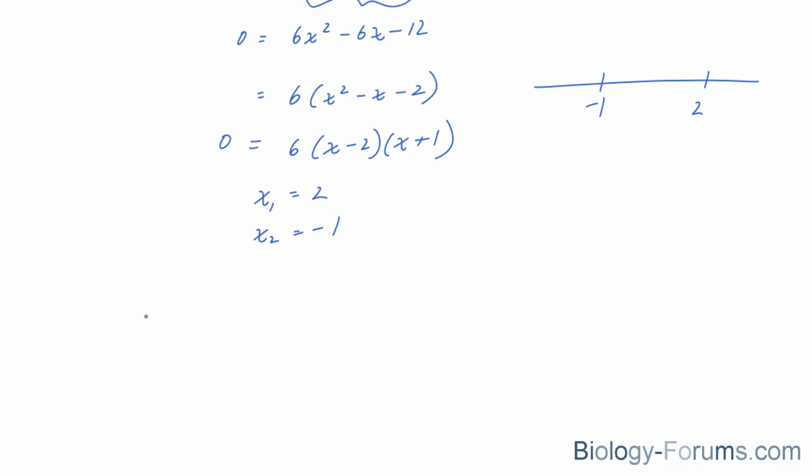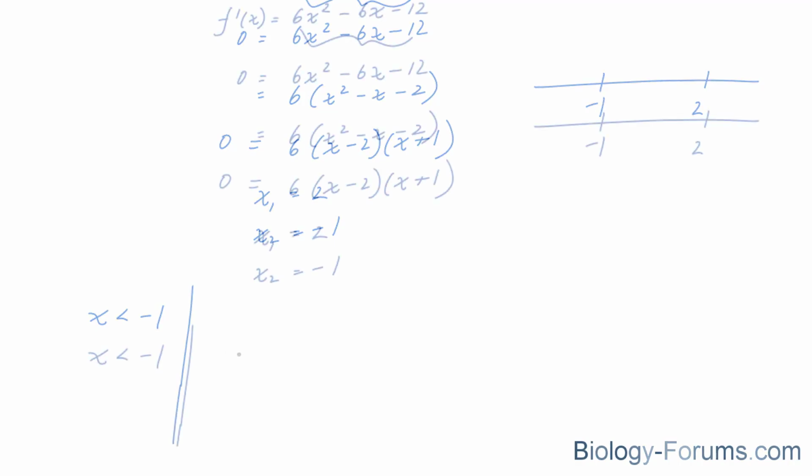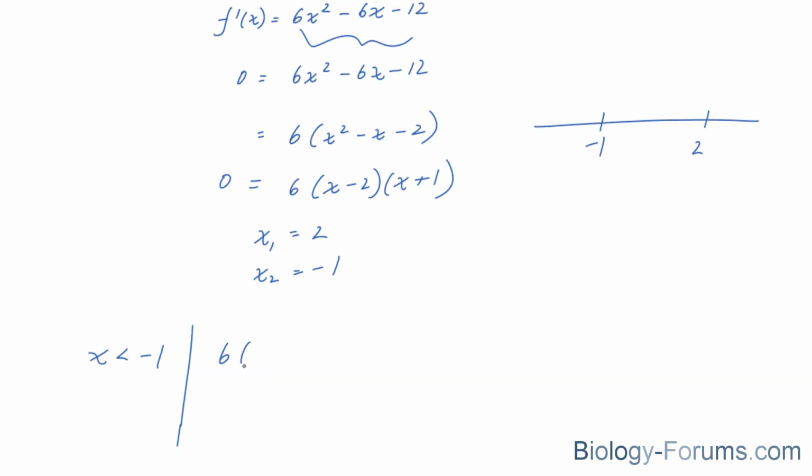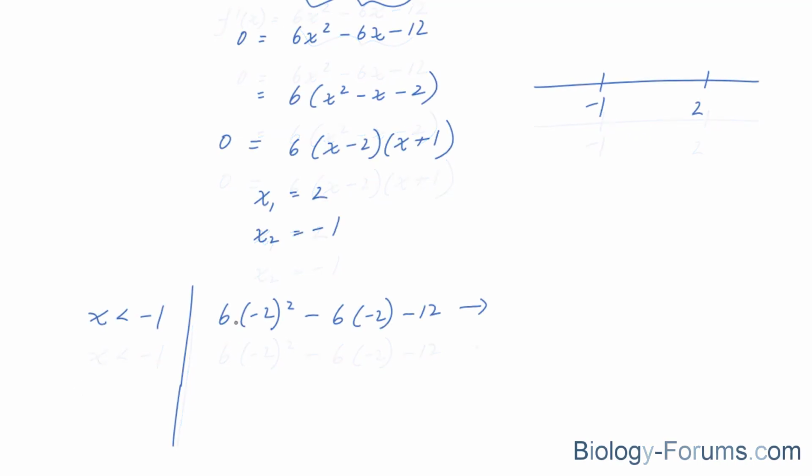So, a number that is less than negative 1, when x is negative 2, gives us 6 times negative 2 squared, I just chose an arbitrary value for x, minus 6 times negative 2 minus 12. This gives us an answer that is positive.